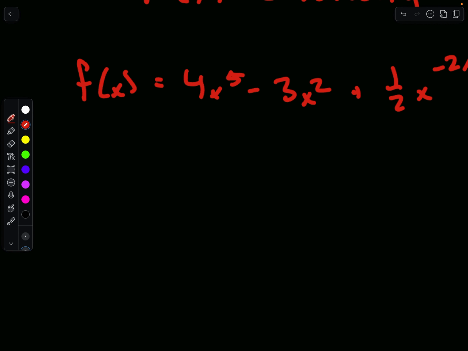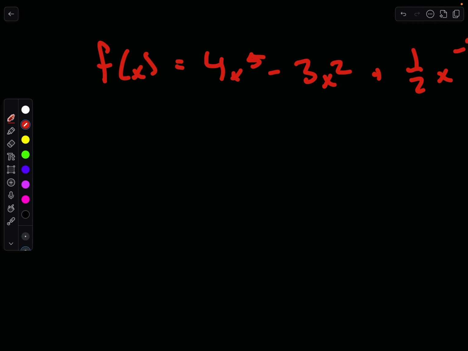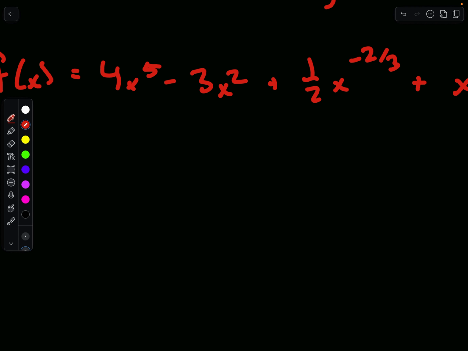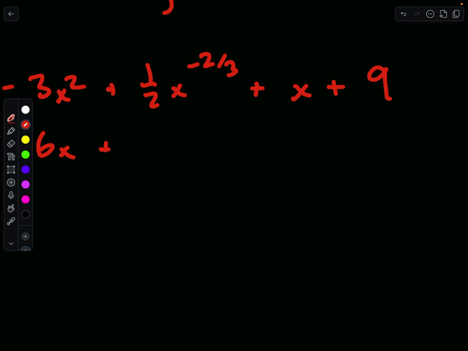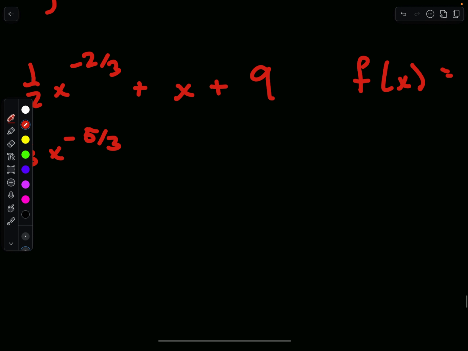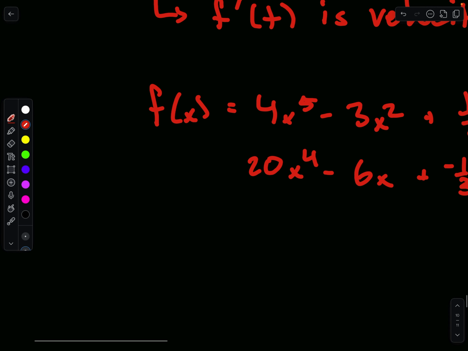Welcome back. Let's start off with this first problem. We differentiate term by term. This becomes 20x to the 4th minus 6x plus negative 1/3 x to the negative 5/3 plus 1. And then this cancels. So then that is f prime.